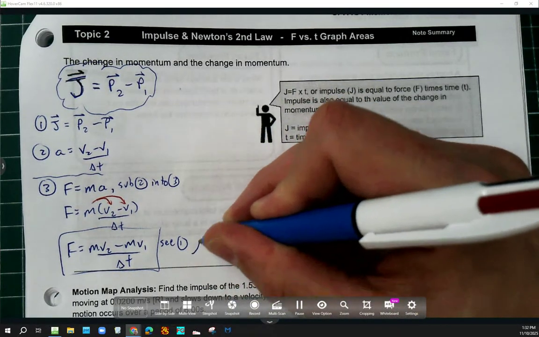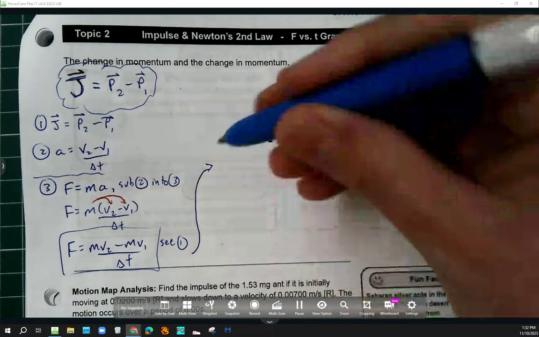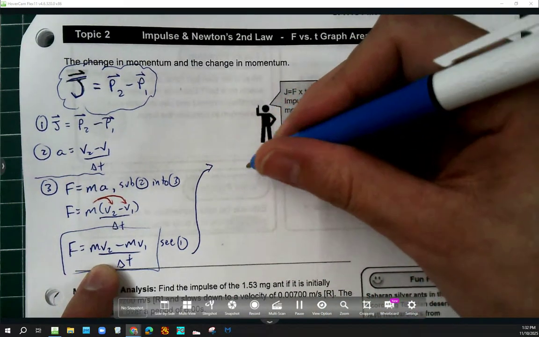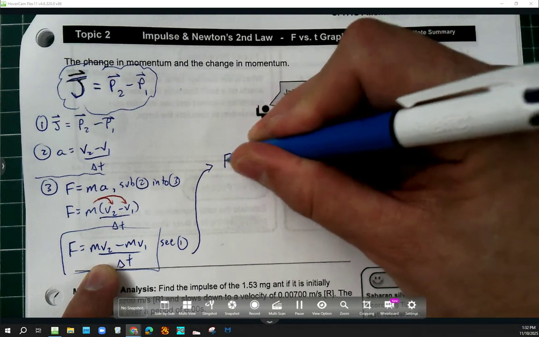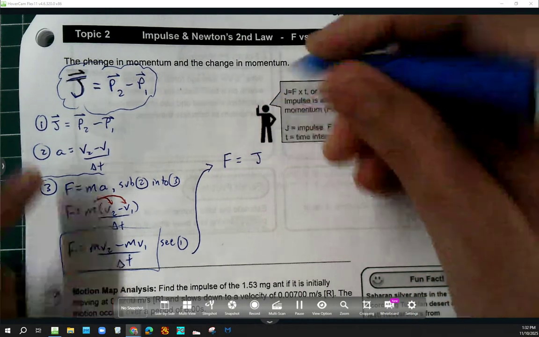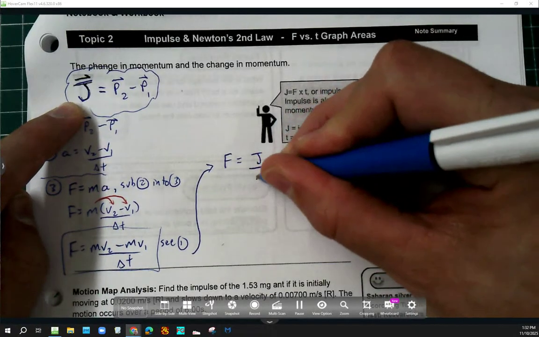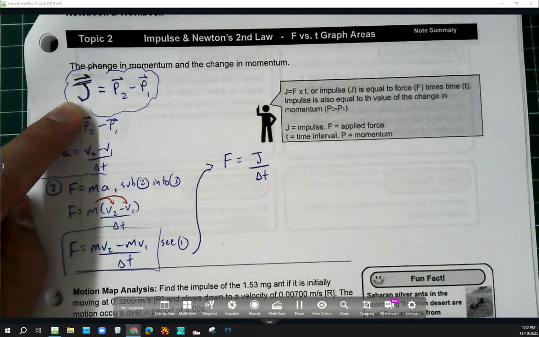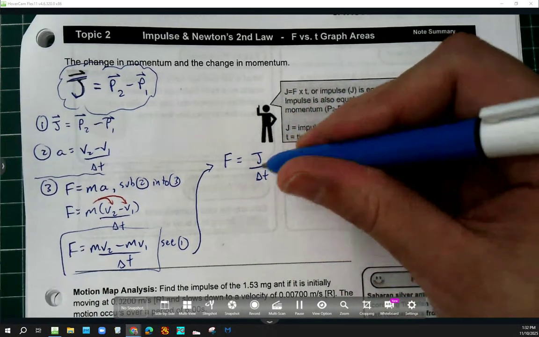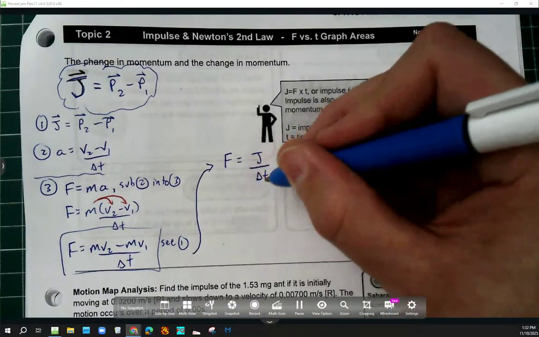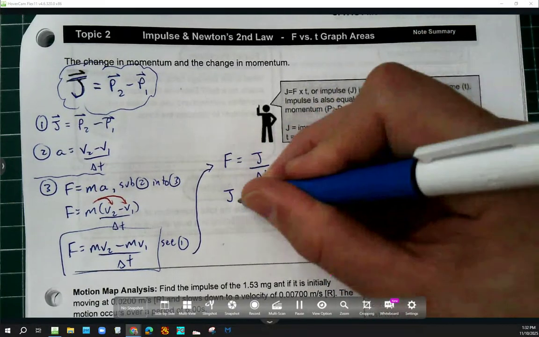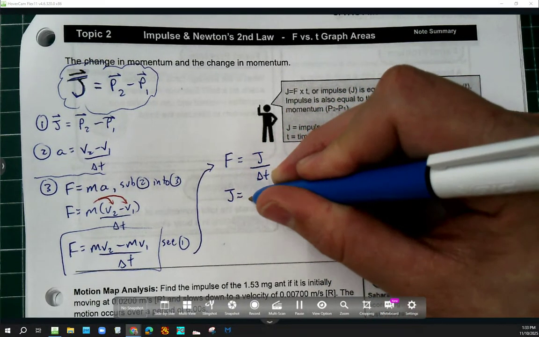I'm going to make a little note up to here and say, okay, mv2 minus mv1, that's the same thing, or at least it's equivalent to talking about the impulse divided by delta t. And if I rearrange this one, I can get J all by itself, get the impulse all by itself. J is equal to force times delta t.